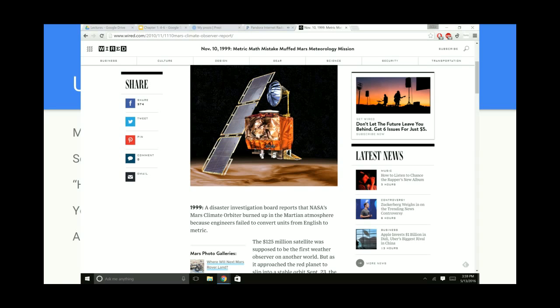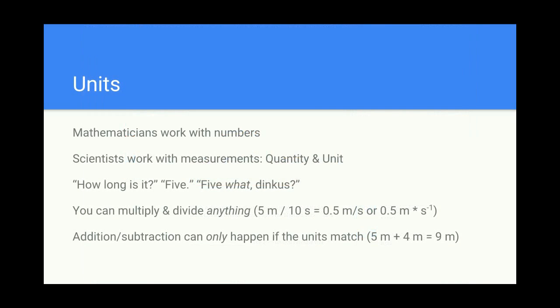But their contractor was under no obligation to do so, so they used the metric system, which is a far better system. And nobody told either group that they needed to be careful about that, I guess, and so NASA just innocently assumed that they were using the same units, and the result was a $125 million mistake. So pay attention to your units is what I'm trying to say.